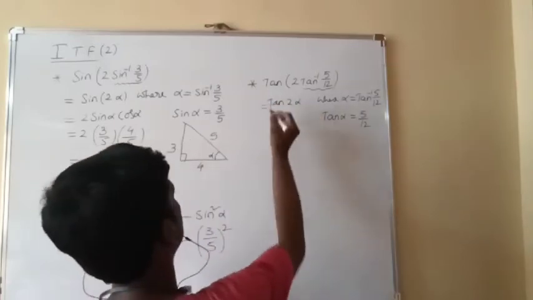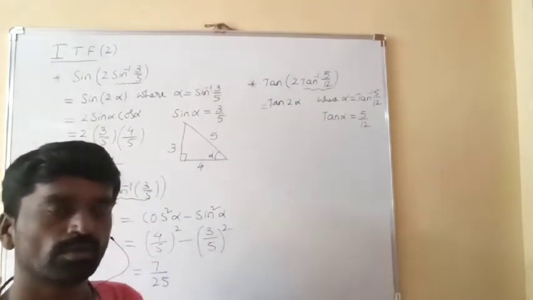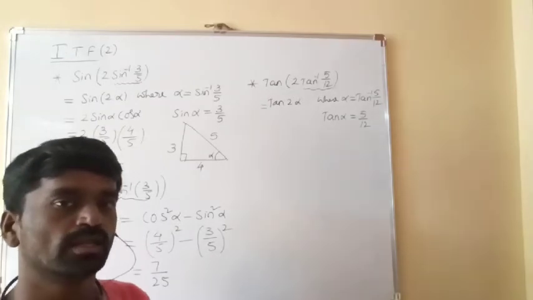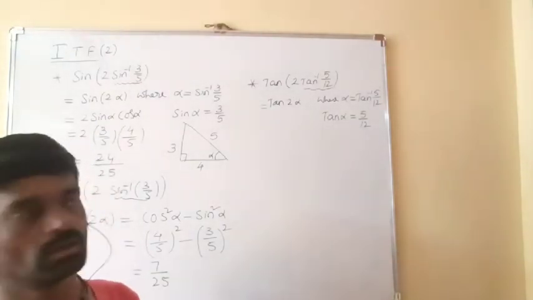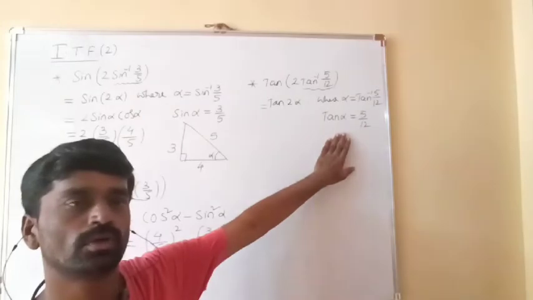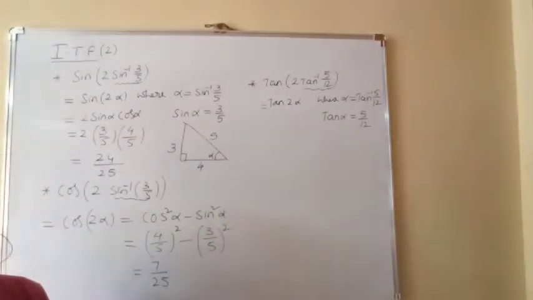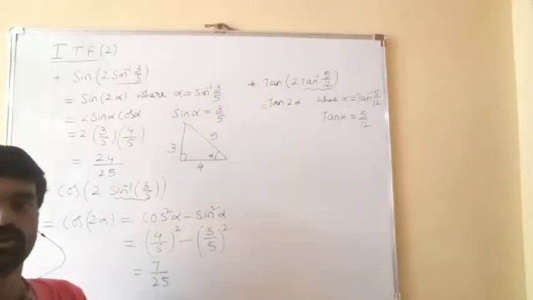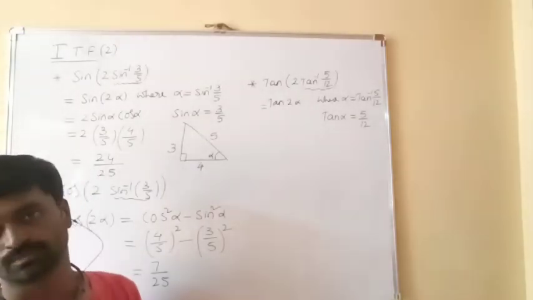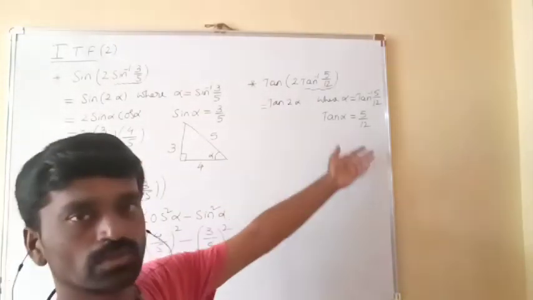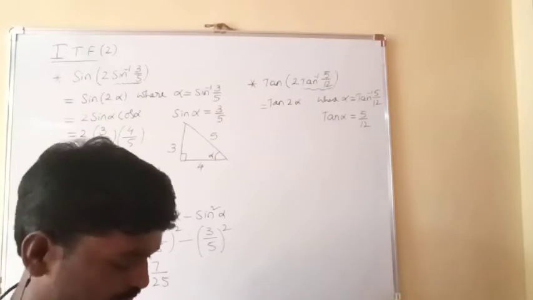Here we need to find tan 2 alpha. What is the tan 2 alpha formula? 2 tan alpha by 1 minus tan square alpha. That means for this problem there is no need to draw the right triangle, because tan 2 alpha depends only on the tan alpha value. We already got tan alpha, so no need to draw the right triangle.